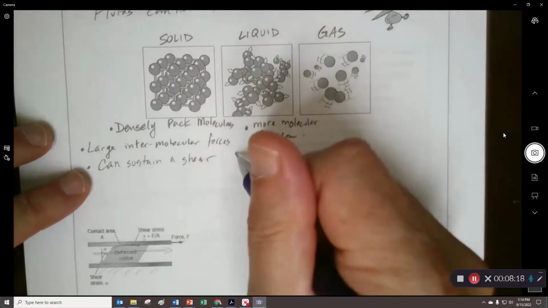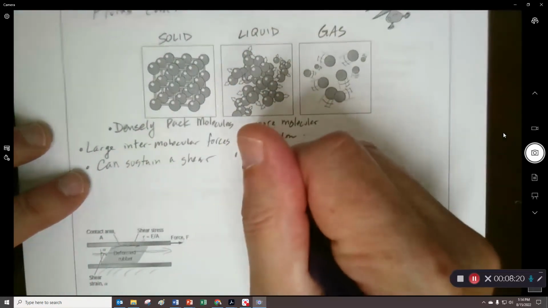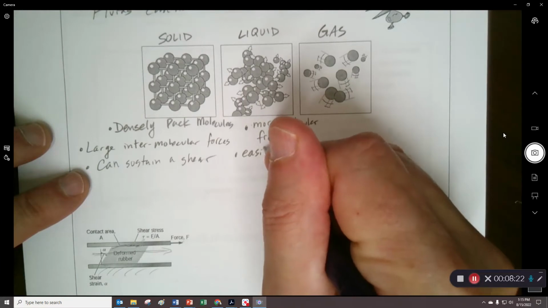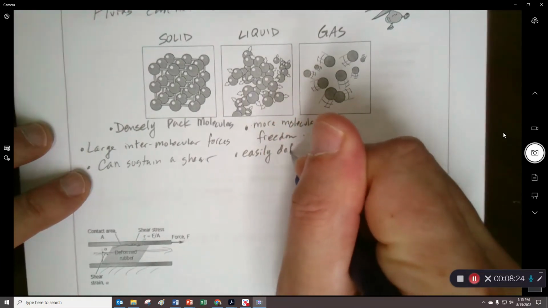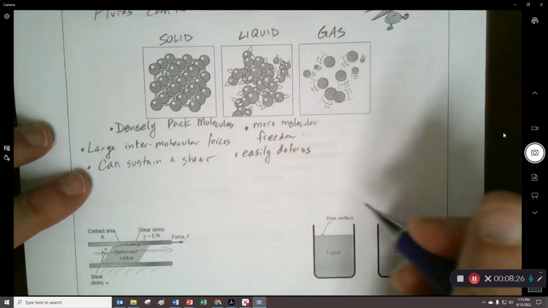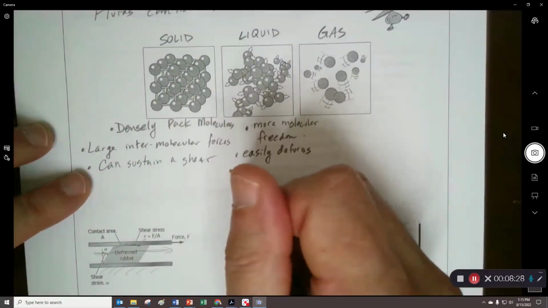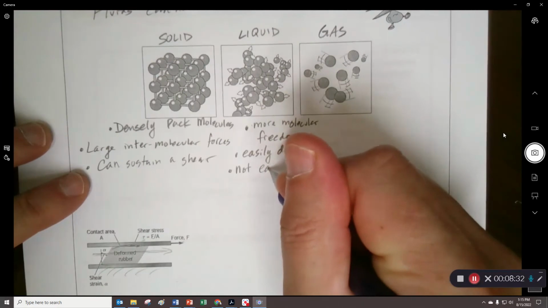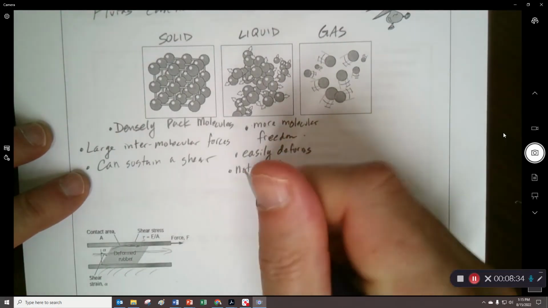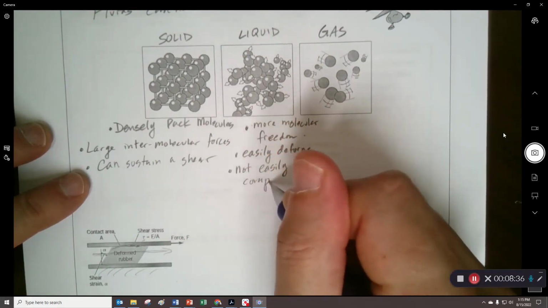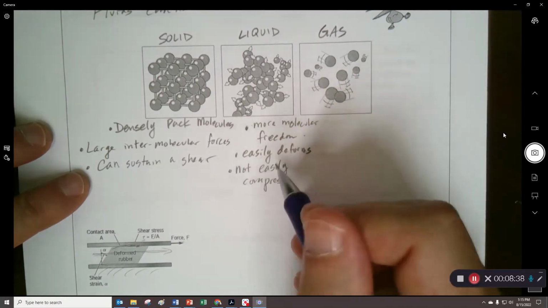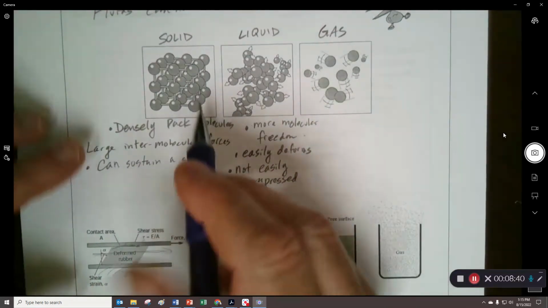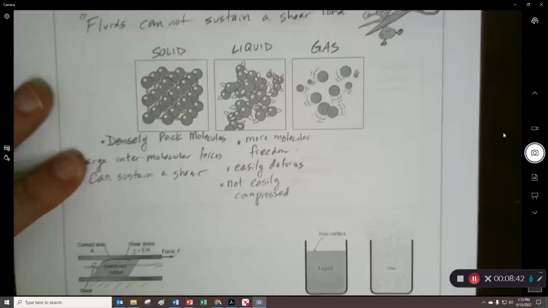We know that the liquid easily deforms. One thing about liquid is it's not easily compressed. It can compress a little bit, and we'll look at that in the next class. Just like a solid, we can actually compress it.